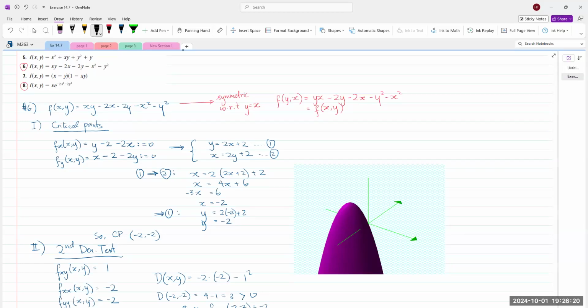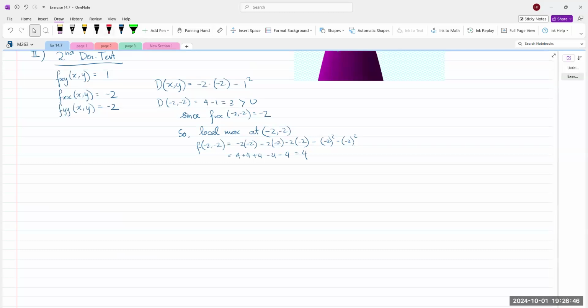The vertex there is positive 4 at (-2, -2). Okay, that's what it looks like. Okay, that's for number 6. Number 8, f(x,y) equals x times e to the, let me write it down here, number 8.